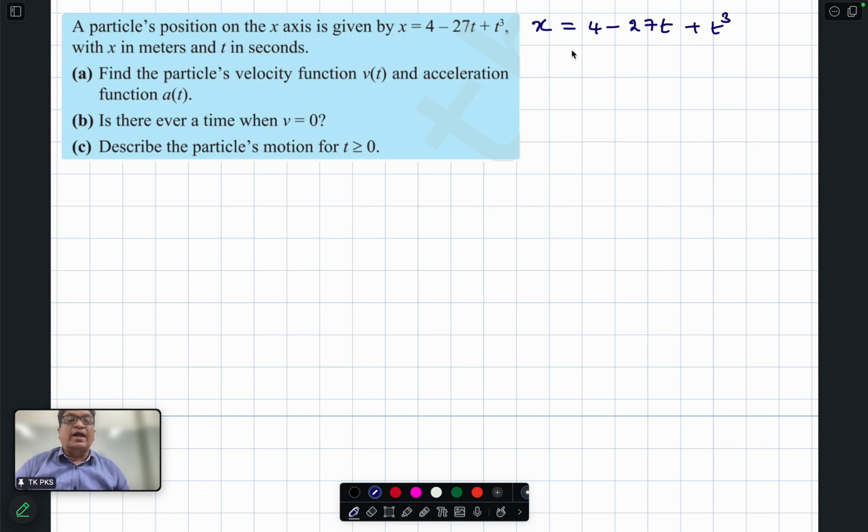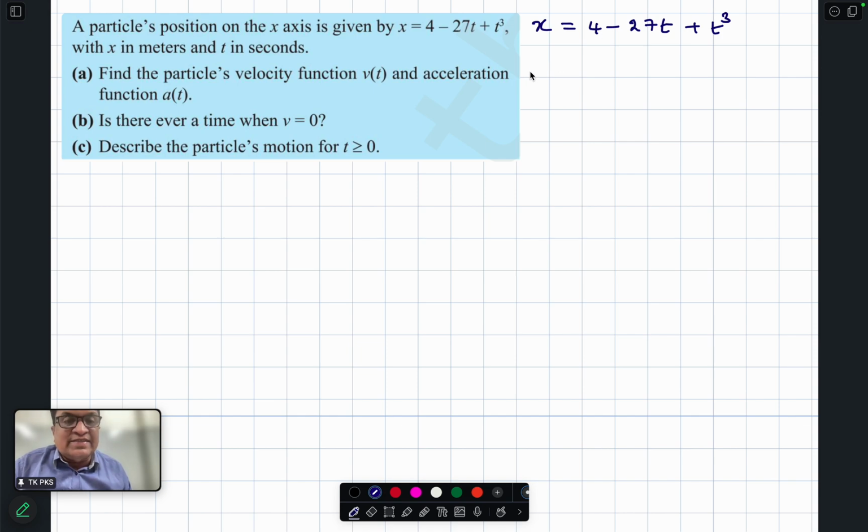How to write velocity? Shriman, can you help me in writing that velocity term? No one is answering. Anulita, can you please help me in writing this velocity term?